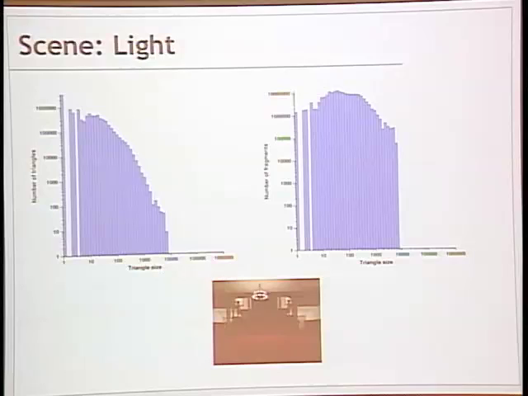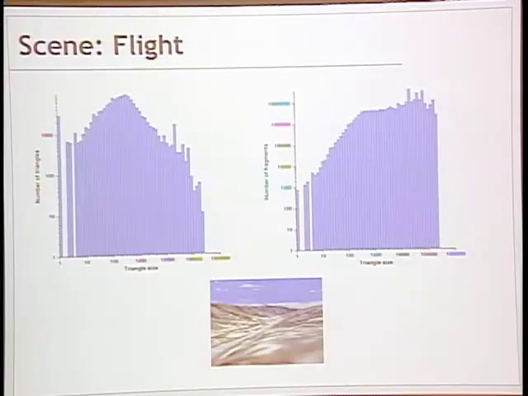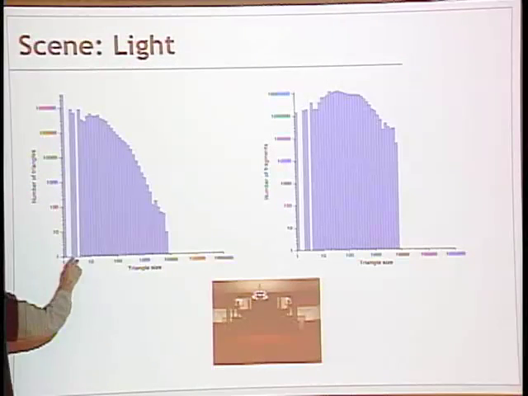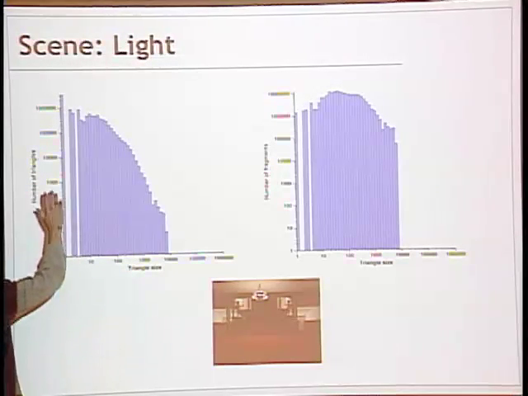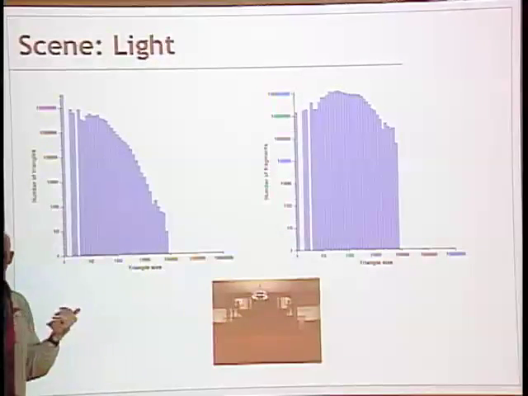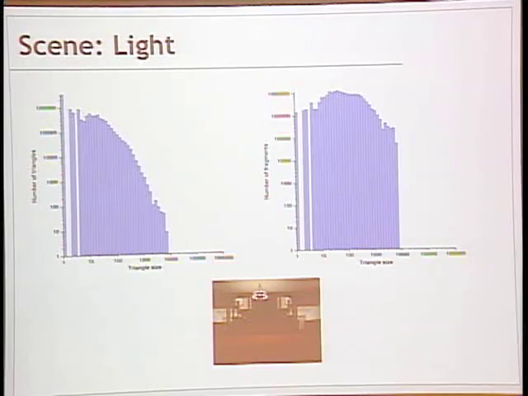Just wanted to look at some different characteristics of these scenes in terms of triangle size. So what we're going to look at is 3 scenes here, and you see these 3 scenes are in very different shapes. What we're looking at here is how many triangles we have for every triangle size. And this says that most of the triangles, and in fact most of the pixels, are concentrated in very small triangles.